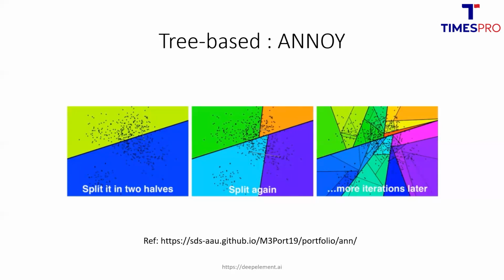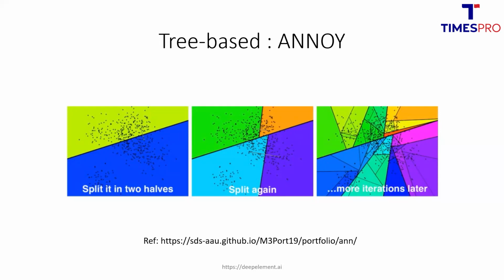Again, I'll repeat it: if 2 points are very close to each other, it is likely that there will be at least one tree in which they lie in the same leaf node. And once you build all these multiple random trees, your search index is built.